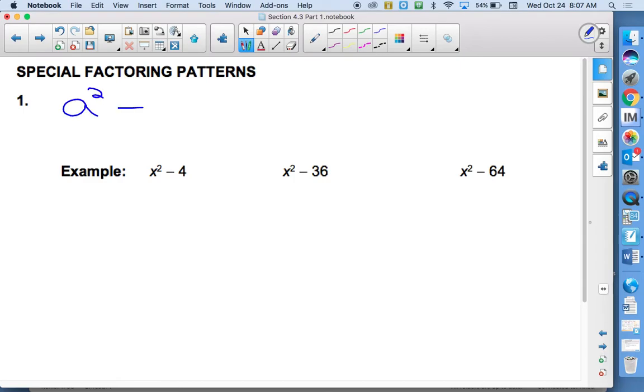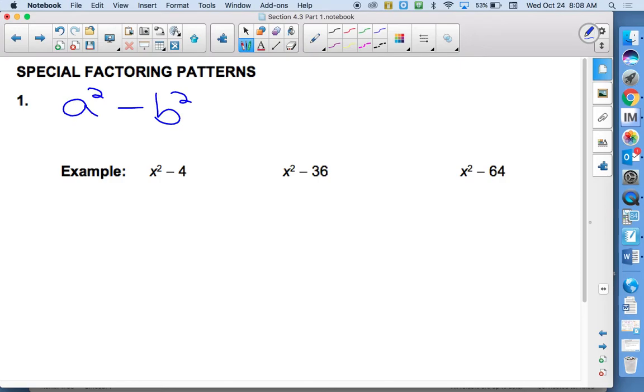The first form, or pattern. This is almost like having a little formula to follow, or a rule to follow, is a squared minus b squared. So if you look at the 3 numbers up here, just the numbers, the 4, the 36, the 64, and actually just look at the values, 4, 36, 64.